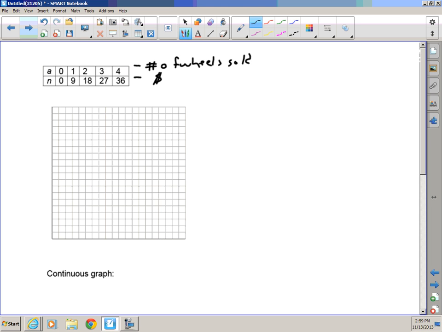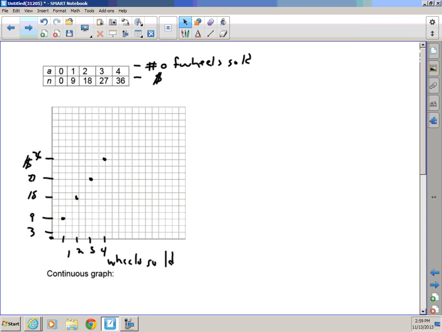So I'm going to have wheels sold, money, and I'm going to graph those points. 0, 0, 1, 9, 2, 18, 3, 16, and 4, 36.